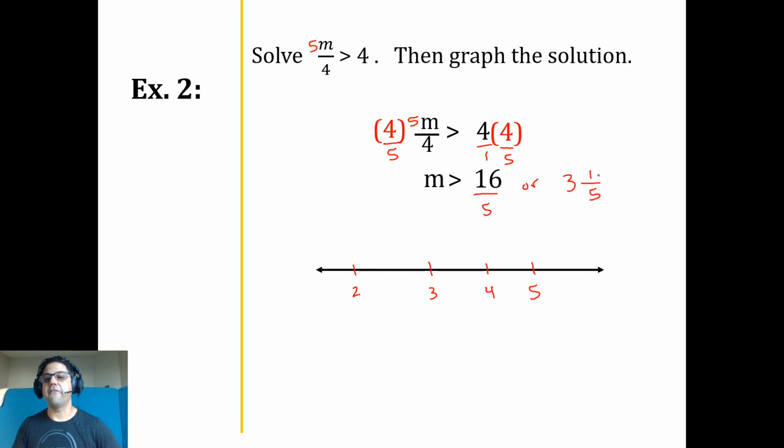And based off of our fraction understanding, it should be an open dot closer to the 3. Not in the middle, not closer to 4, closer to 3. Shading is going to go to the right. So it means everything greater than 3 and 1/5 would be the solution set. It does not include, though, 3 and 1/5 because, again, it's an open dot, not an equal to.